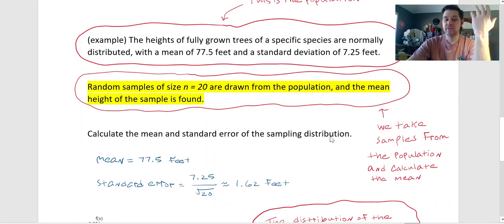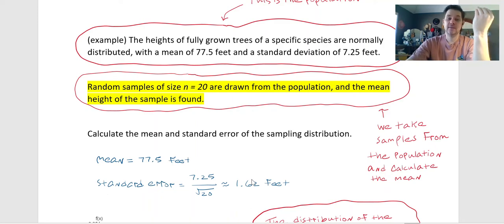Its distribution will have a mean the same as the population mean, 77.5 feet, and a standard deviation, also called a standard error, of the population standard deviation of 7.25 feet over the square root of the sample size, which is 20, so that's 1.62 feet.